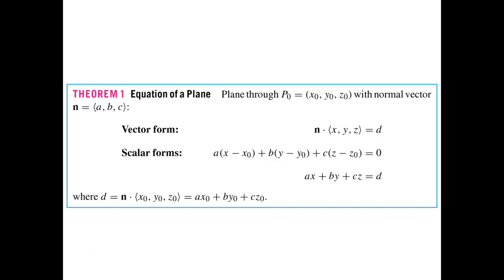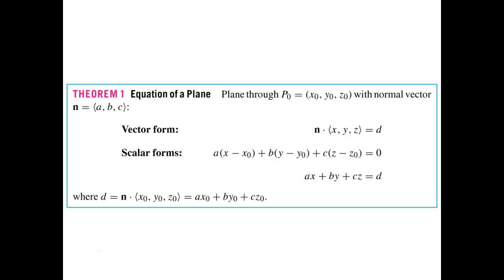So basically, it's the x component of the normal vector times x, the y component of the normal vector times y, the z component of the normal vector times z. That gives you the equation equals some constant. And the constant happens to be that same component of the normal vector times x0 plus these things you were given to begin with. Okay?